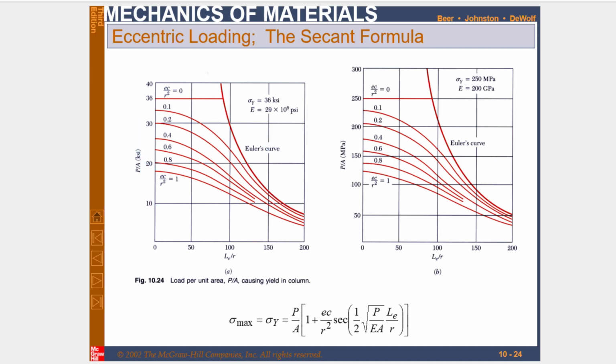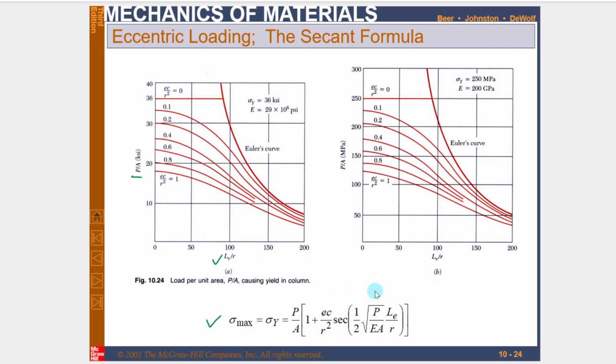So you can see this is LE over R, which is slenderness ratio, and this is P by A, and this is various value of EC over R square. This was the same maximum equation, maximum stress, and P by A is equal to maximum divided by this value.